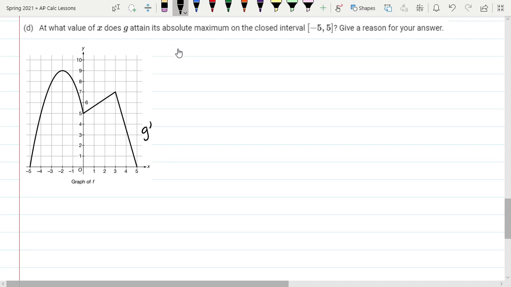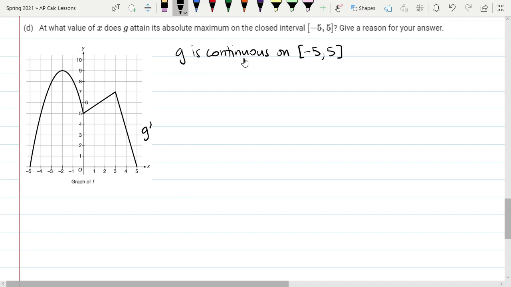So in other words, we know that g is continuous on the closed interval negative 5 to 5. Again, remember, differentiability implies continuity.